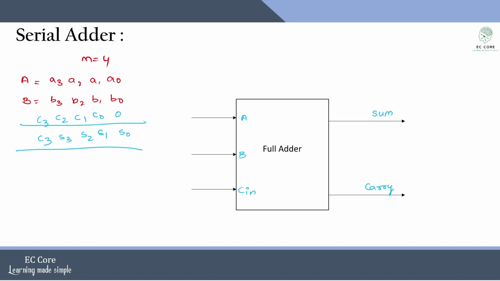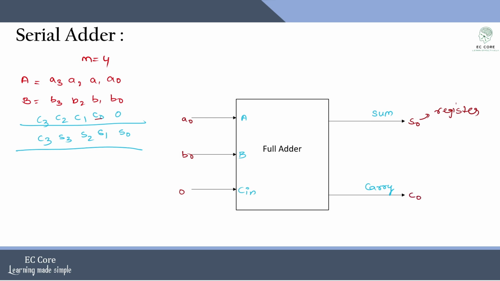Initially I am taking A0, B0 and initially my Cin is 0. This will produce the sum S0, which will be stored in one register, and simultaneously it will produce a carry output, C0.